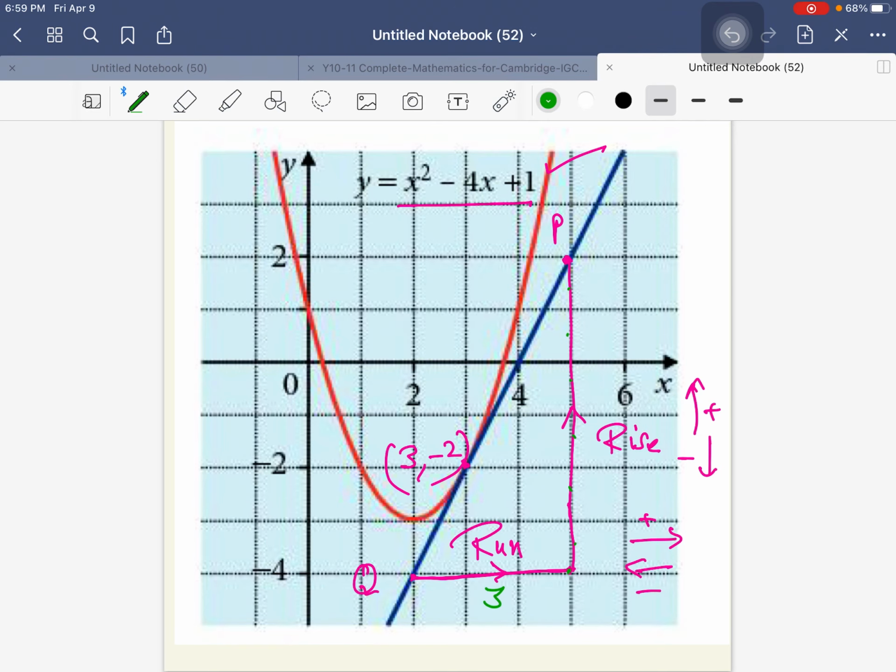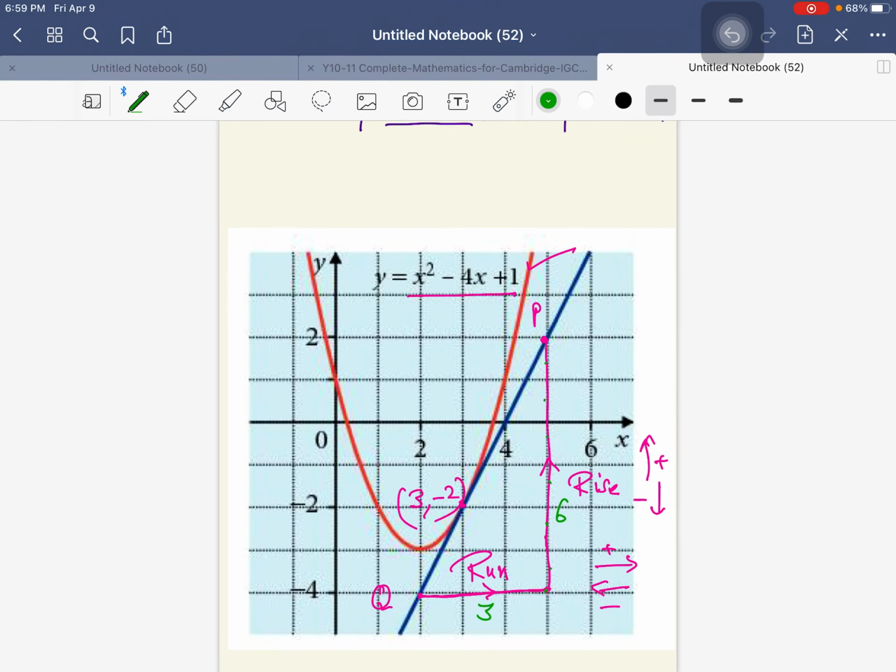So rise is 6. Then what's the gradient of the tangent to the curve at this point (3, -2)? It is basically rise by run, which is 6 by 3 equal to 2. So that's the gradient. This 2 is positive, so that means the tangent is rising up.